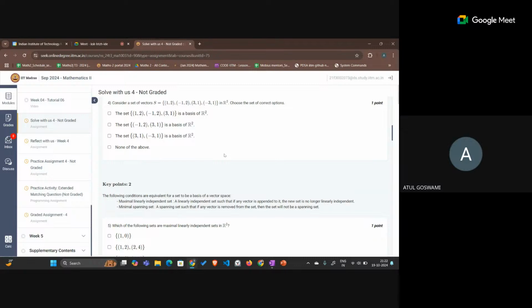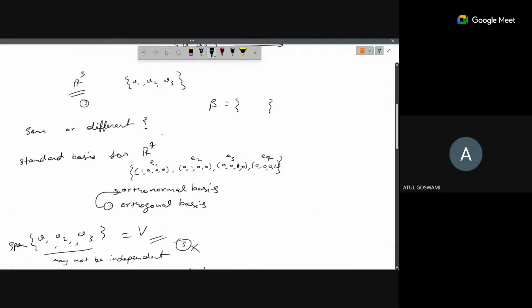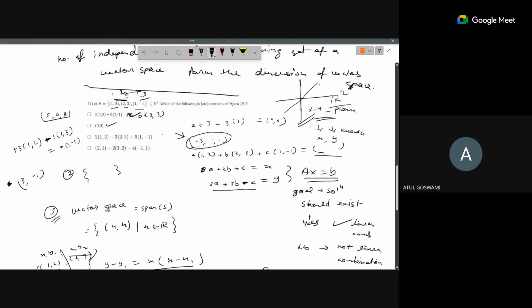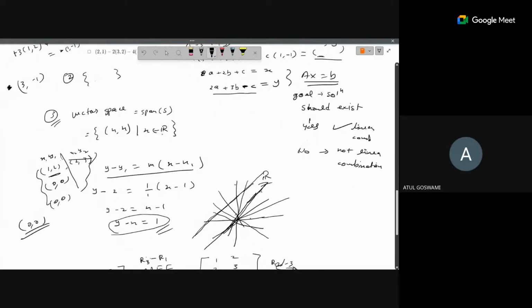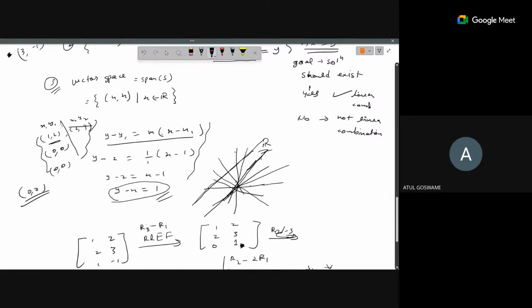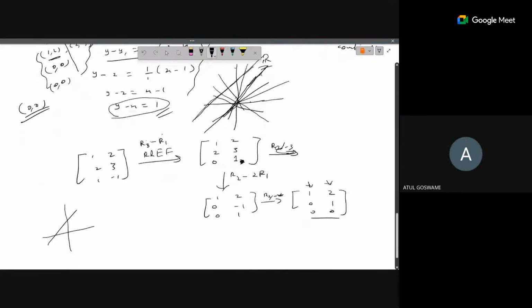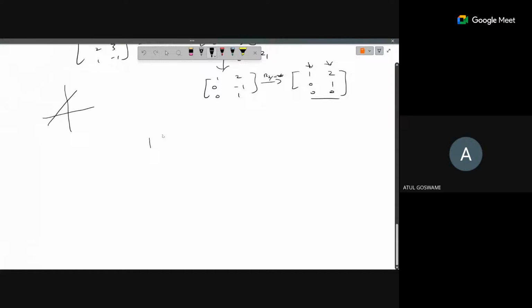Now, previously what I was discussing, I am talking about this line. Instead, you can take the basis vectors. Suppose in R2 we find two vectors, this is one, this is two, and the linear combination of these two gives 0, 0.